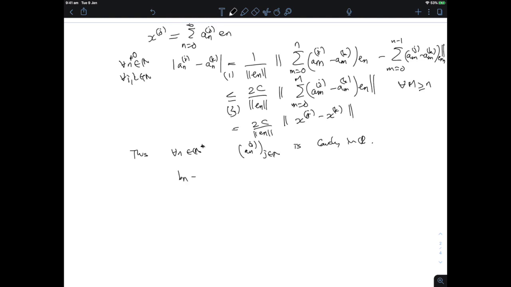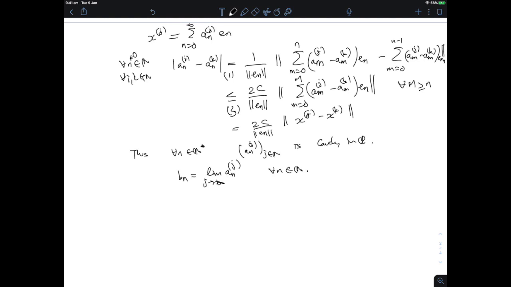So we're going to define bn equal to the limit of the an^j as j goes to infinity for all n in N. Now what we have to do is show that the sum of bn en is x, such that the limit of the xj, x, belongs to E.